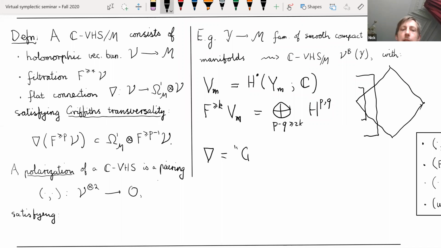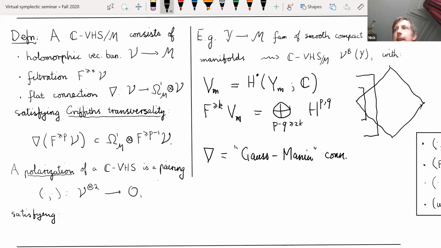And there's this connection on this, called the Gauss-Manin connection. It's there naturally because our family Y is locally trivial as a family of smooth manifolds, so the cohomology of the fibers varies locally trivially.